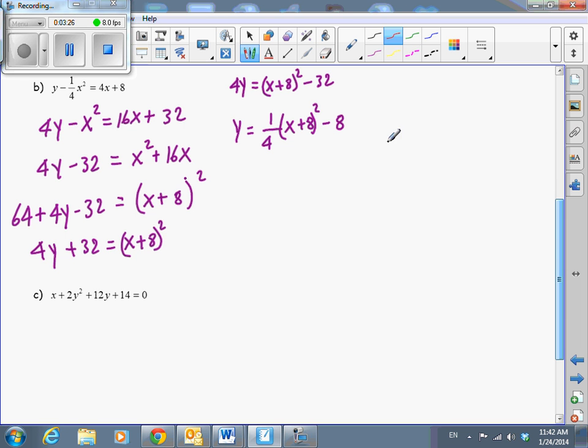Now you can give me all values. Let's go ahead and write, starting with vertex. And we know this is vertical, so all you're looking at is the vertical parabola. So I have vertex. After vertex, I have axis of symmetry. After axis of symmetry, you have the focus and the directrix. Freddy, what is the vertex?